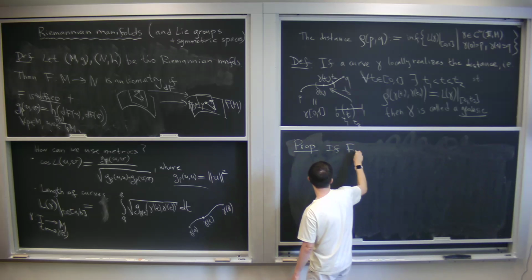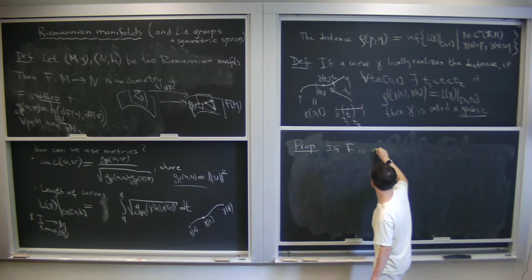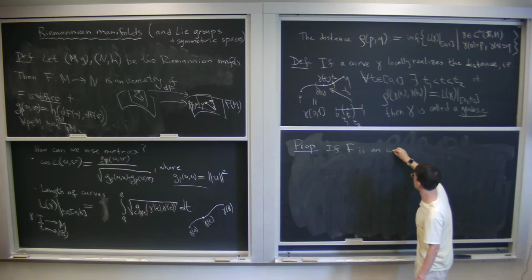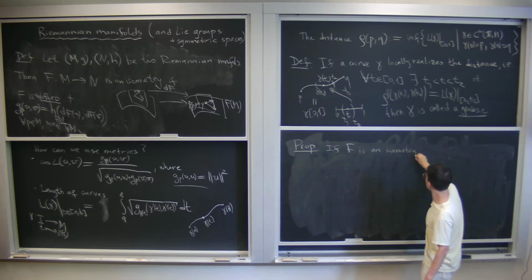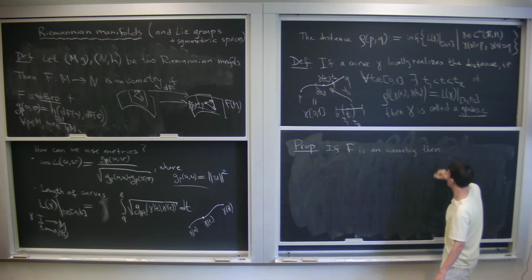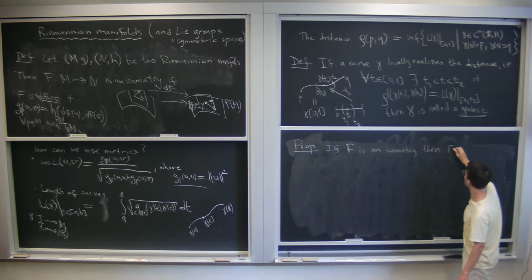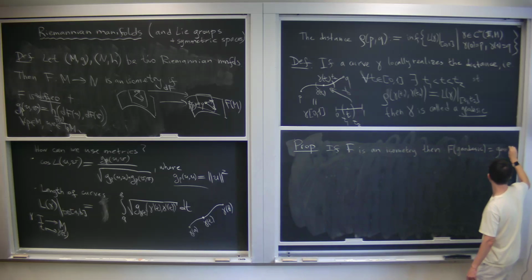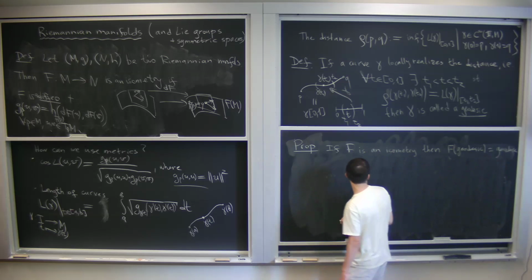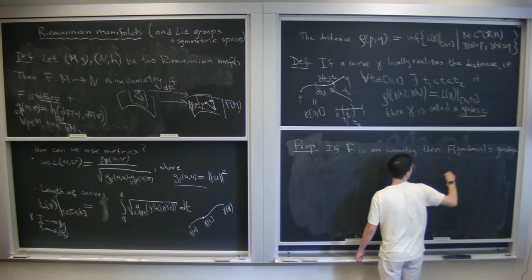If F is an isometry, then the image of a geodesic is another, well, maybe the same geodesic, but the important fact is that it is also a geodesic.